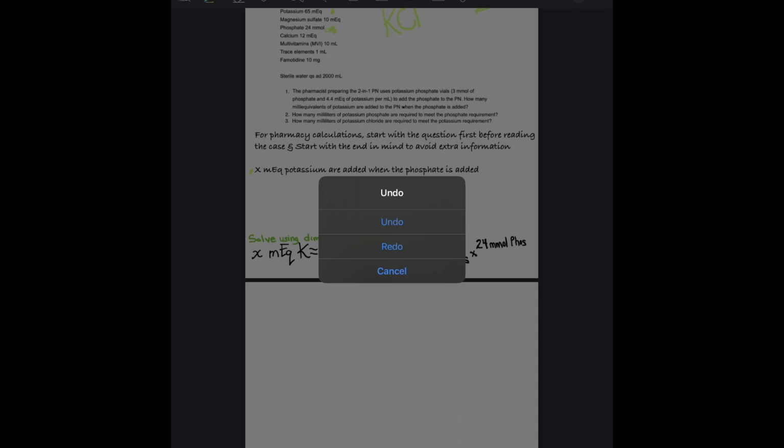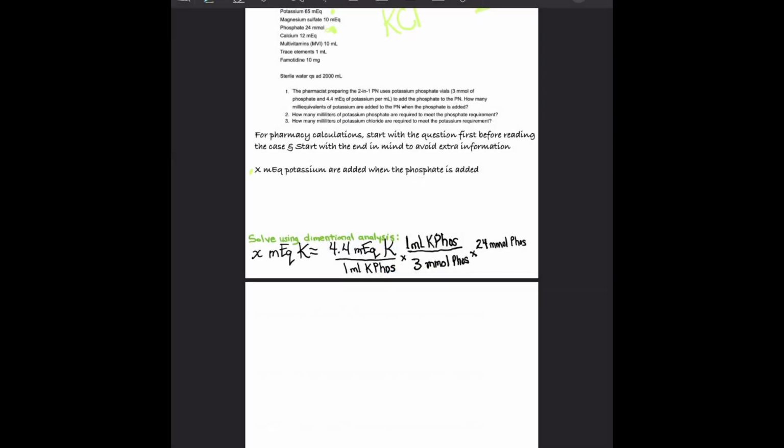So these are the units, milliequivalents of potassium, that I'm actually looking for. I find my milliequivalents of potassium in the question. In the question, I saw it right here, milliequivalents of potassium per ml. So I will rewrite 4.4 milliequivalents of potassium over 1 ml right here.